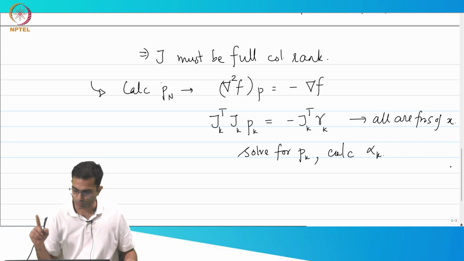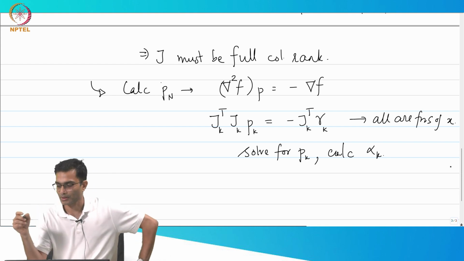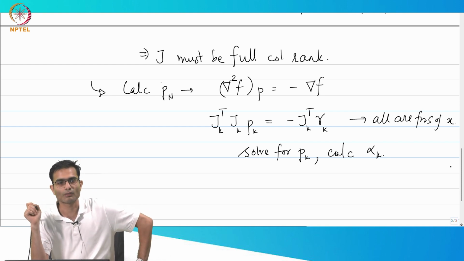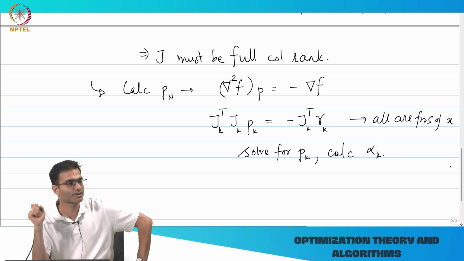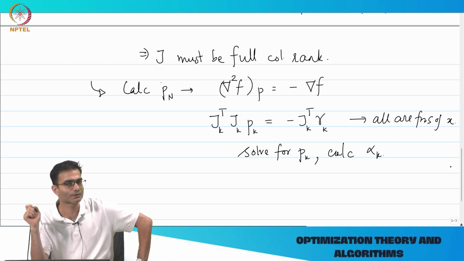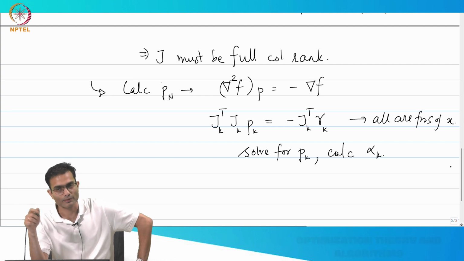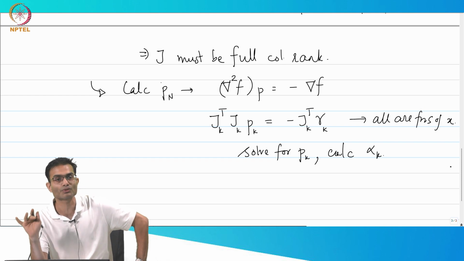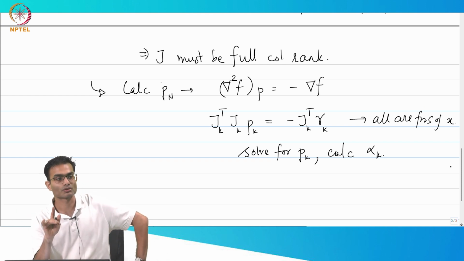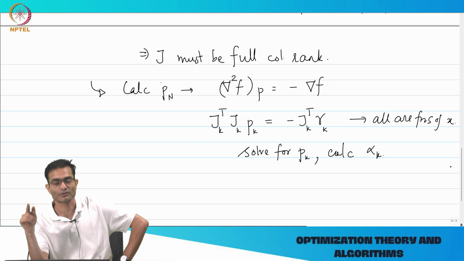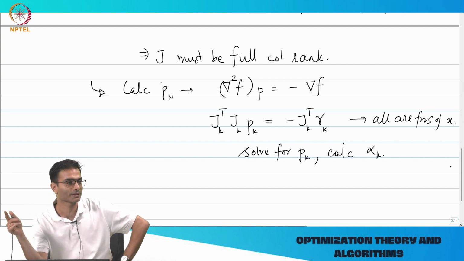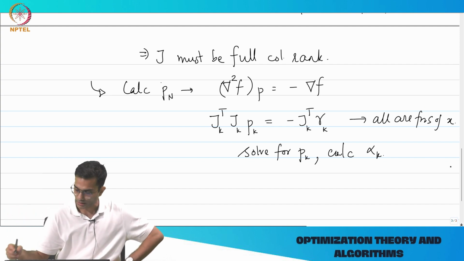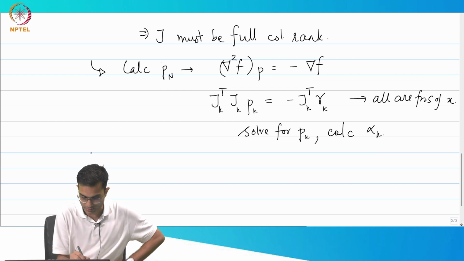One thing, if you can recall: what was the reason that I wanted to check for positive definiteness of the Hessian? Full column rank tells me that it's positive definite, but why do I want to check whether it's convex? So that the direction pk is actually a descent direction. Let's just look at this once again.